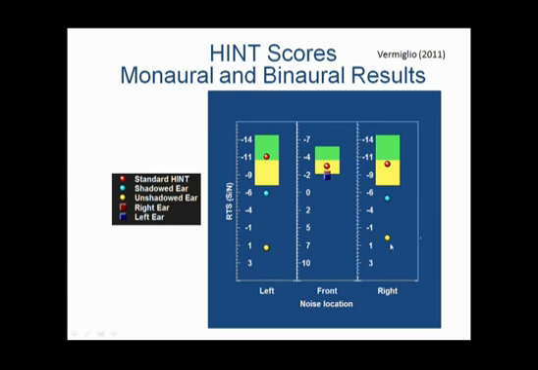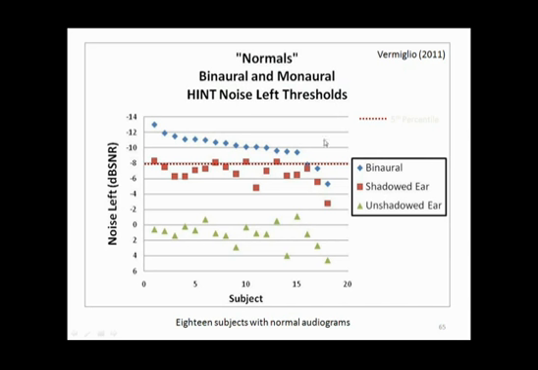Okay, we did the same thing on the other side. You see a similar story. And then we actually did this across several subjects. And this is the unshadowed ear condition. So the noise is going directly to the unshadowed ear. And this is when the noise is going towards the shadowed ear.